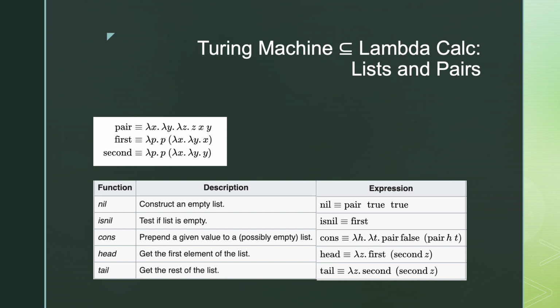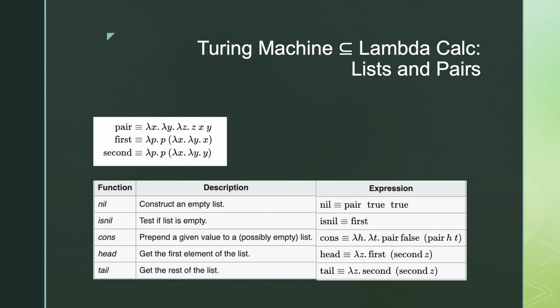So a pair is created, as can be seen in the top left here, in such a way that it's using the different properties of if then and all that of lambda calculus to be able to create a pair, a tuple really, and then get the first element in the tuple and the second element in the tuple with a simple call.